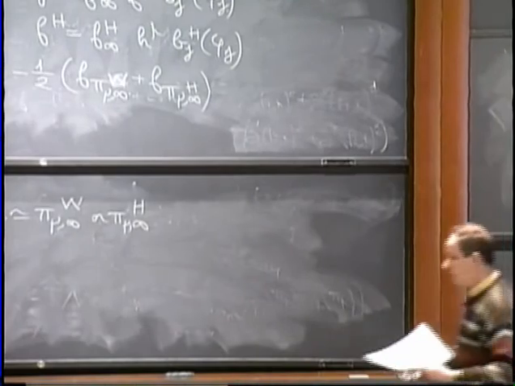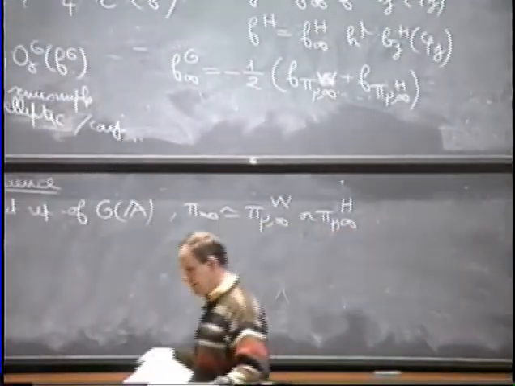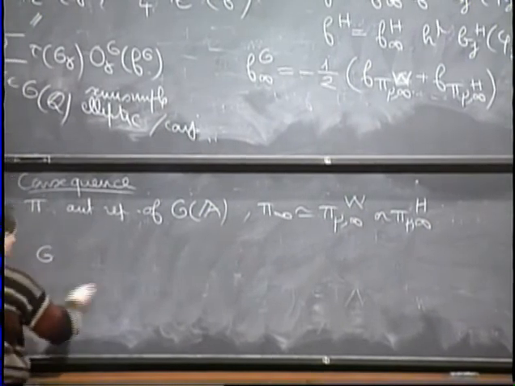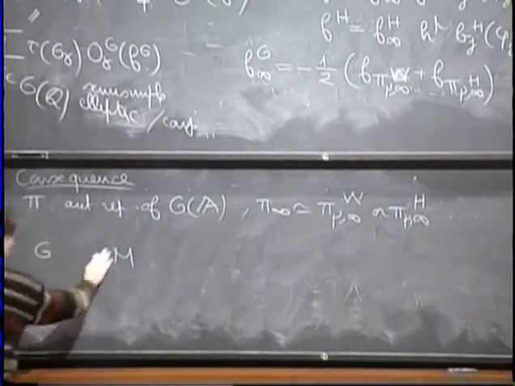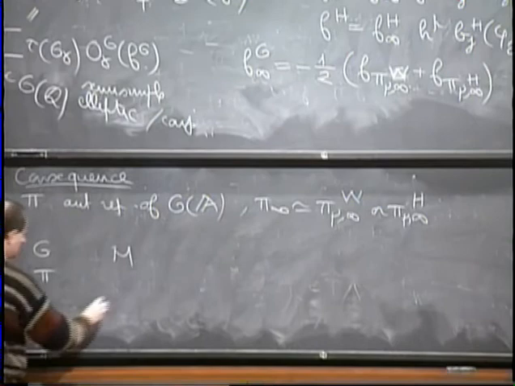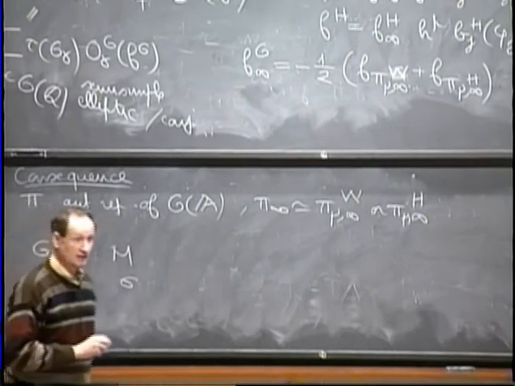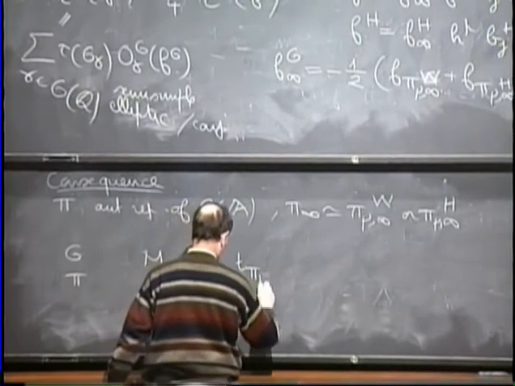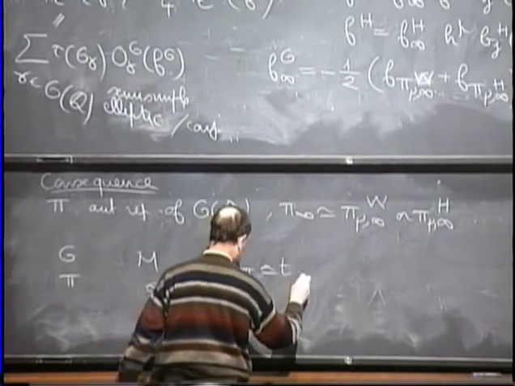That means that almost everywhere, what can happen for a representation of G and a Levi subgroup M is that you have a representation pi here, a representation sigma here, such that the Frobenius-Hecke parameters are almost the same, are the same everywhere.